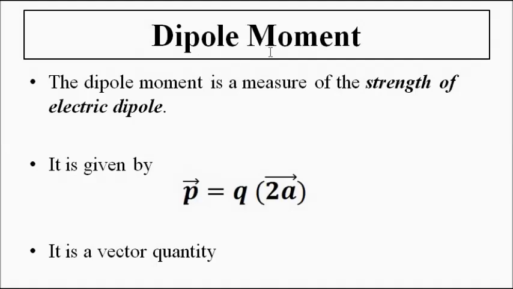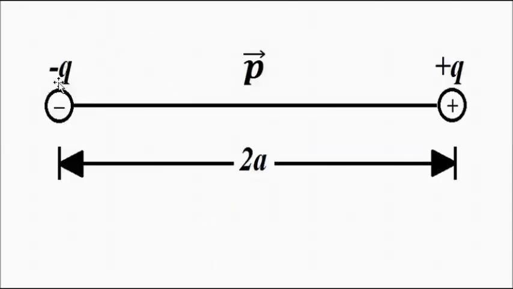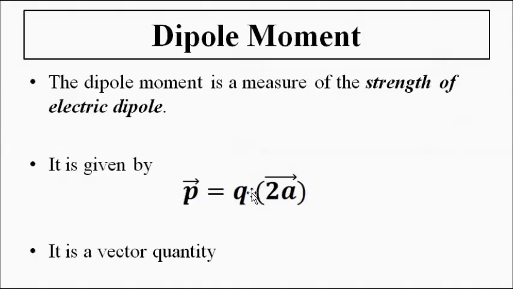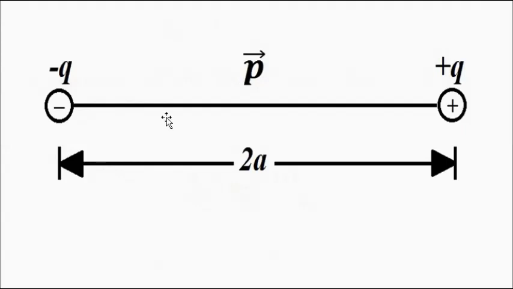Dipole moment is a measure of the strength of the electric dipole, and its mathematical expression is given by p vector equal to the magnitude of either charge, the equal charge which exists, only one charge is taken, multiplied with the distance or the dipole axis length, the separation distance between the two equal and opposite charges.